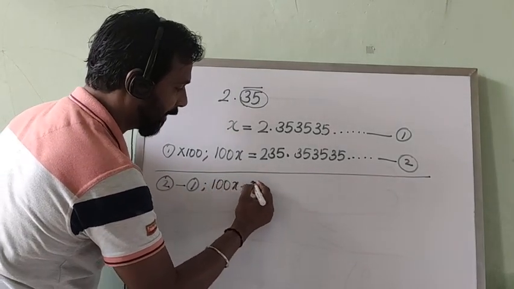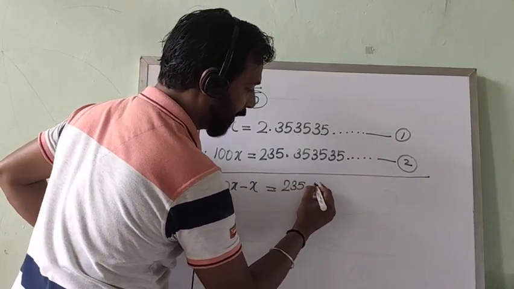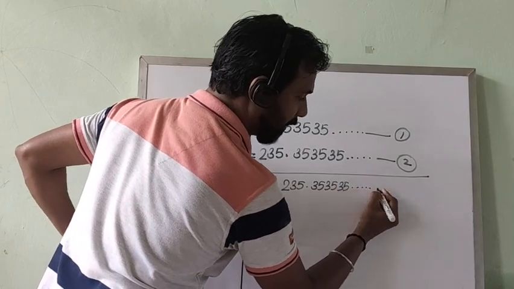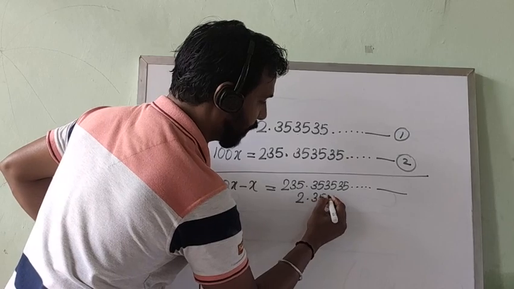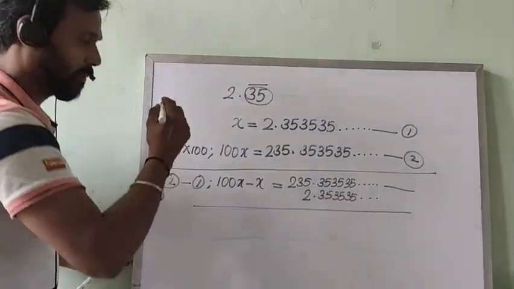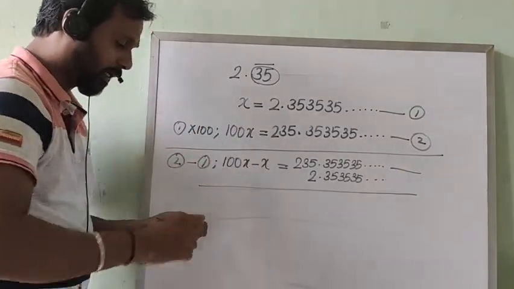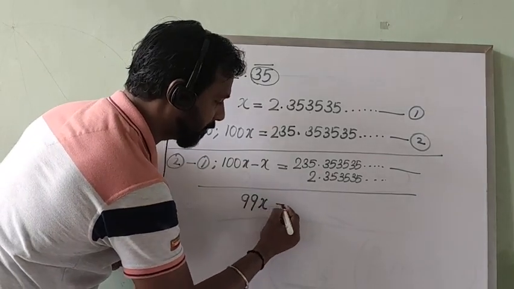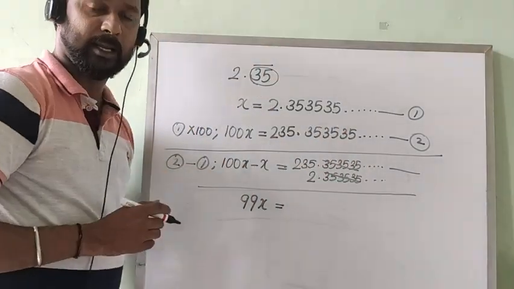100x minus x is equal to 235.353535, etc. minus this one, 2.353535, etc. Okay, subtract: 100x minus 1x. How many x remaining? 99x remains, is equal to, right side decimal parts are the same, therefore they cancel each other.